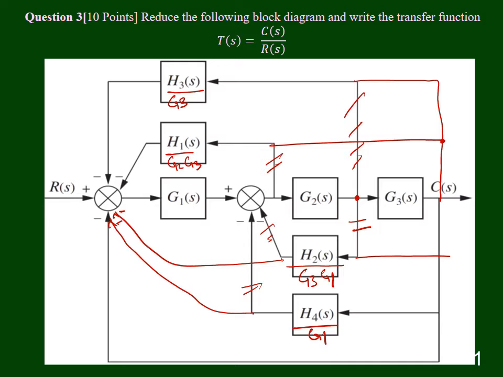So on the next page we redraw this figure, and for the redrawing, let us see. Fundamentally, we will have a block over here which will be G1, G2, G3 here.